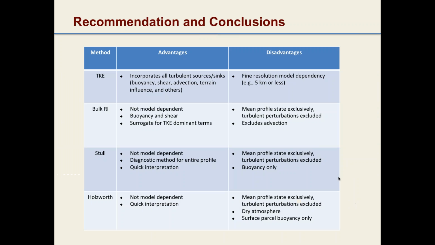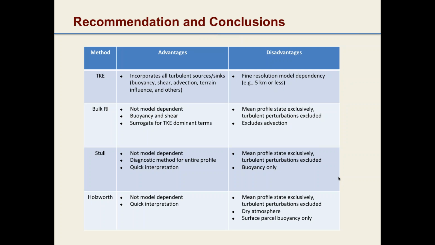So this next slide is kind of a summary of all the methods, and I tried to lay out the advantages and the disadvantages of each, because nothing's perfect. I know at the end here I'm going to sort of advocate that the TKE is better just because it includes all terms that basically drive the mixed layer. But again, it has some disadvantages.